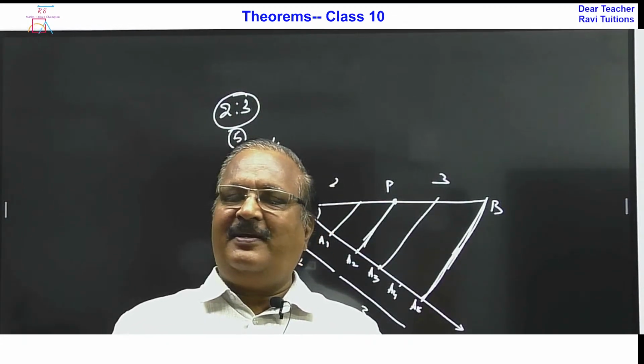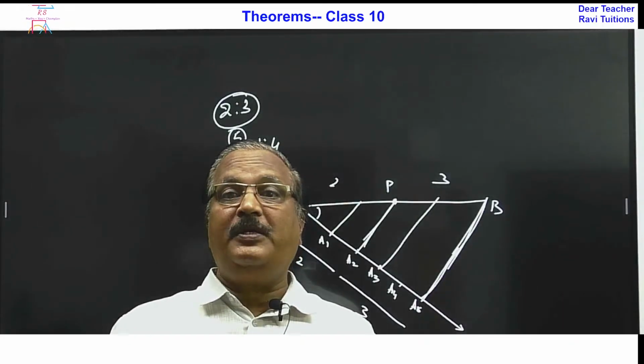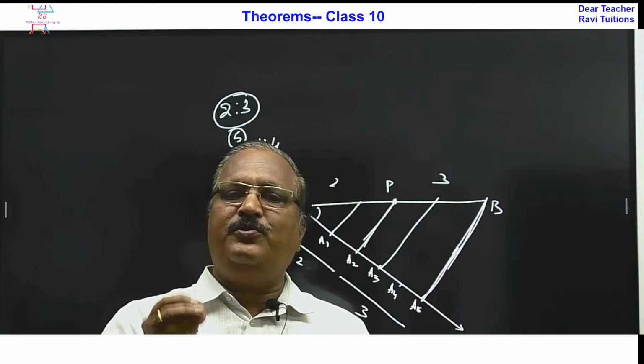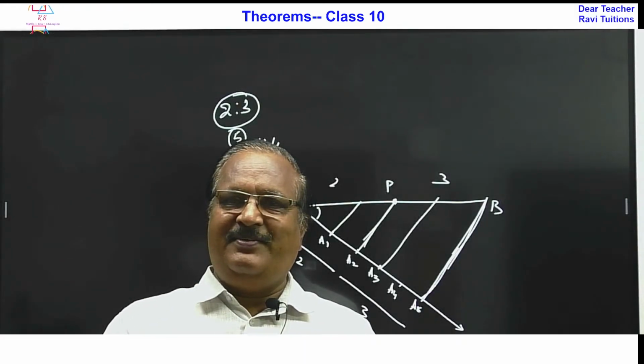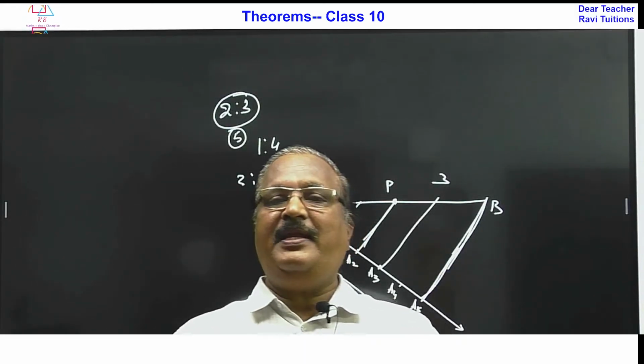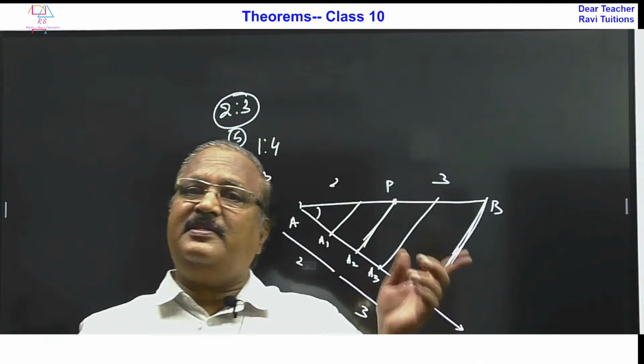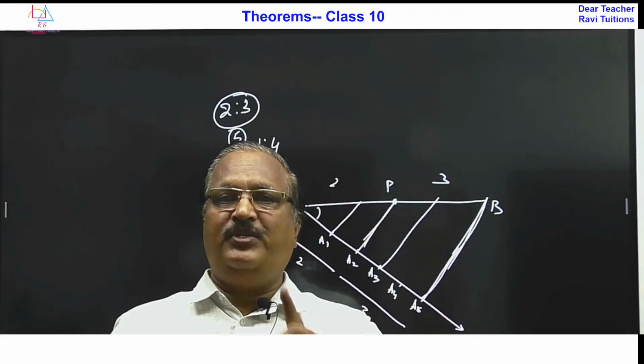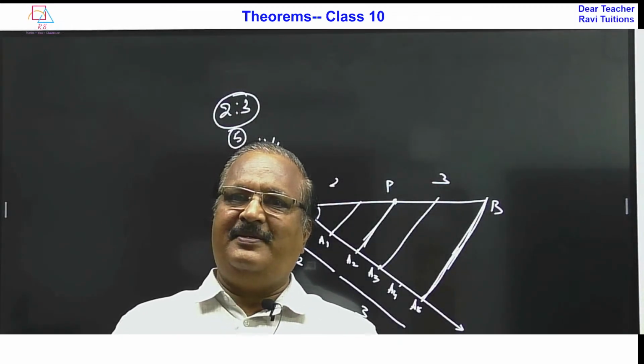So do not take it so casually. To do this construction perfectly, at least you have to do it 5-6 times. 5-6 times you have to do. Then you will get perfection. Because in the examination, perfection, accurate figures are needed to get full marks, right?